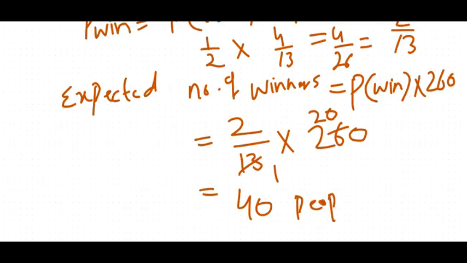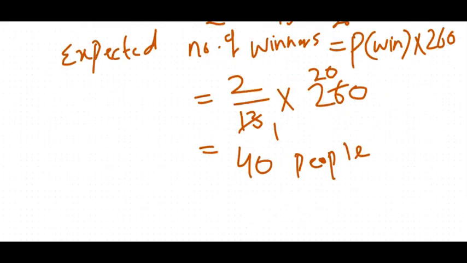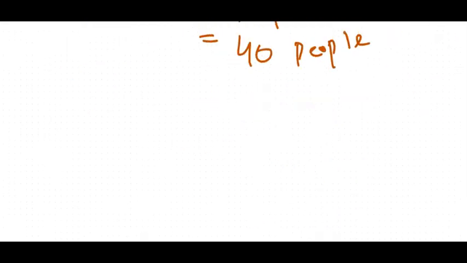So now we have to find the maximum payout per winner. For this I calculate the maximum payout per winner by dividing the total payouts by the expected number of winners.